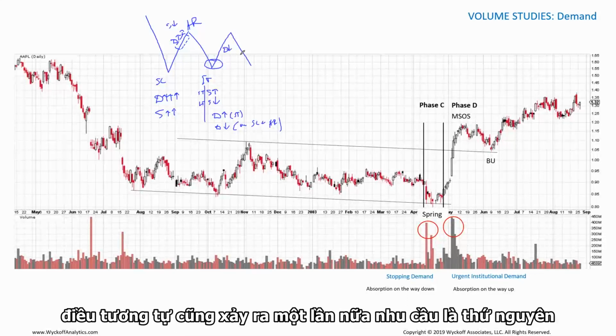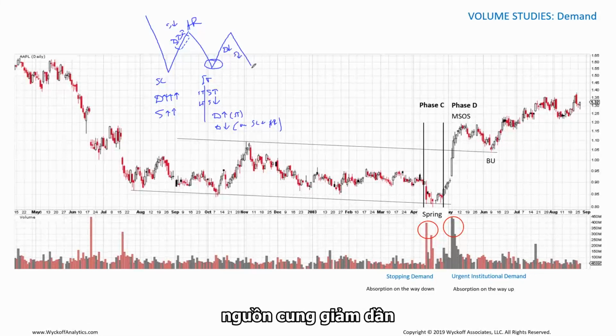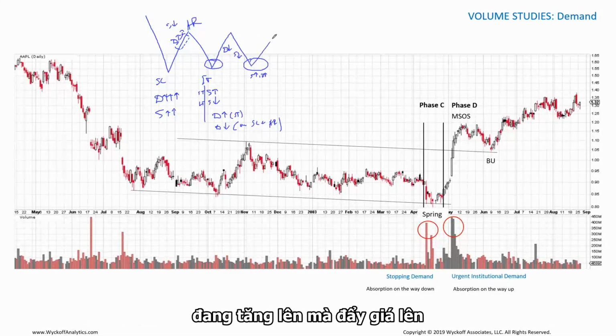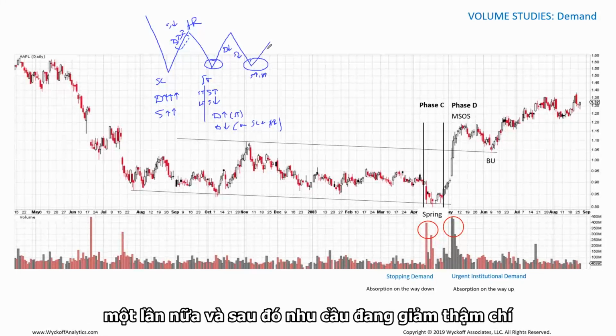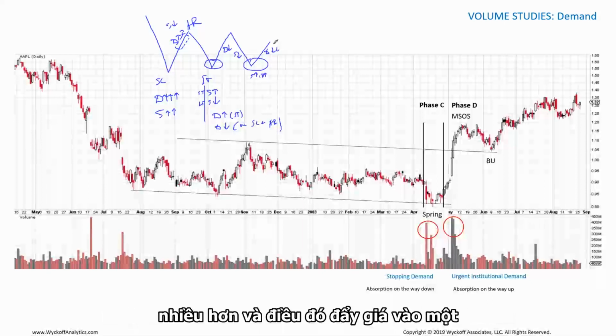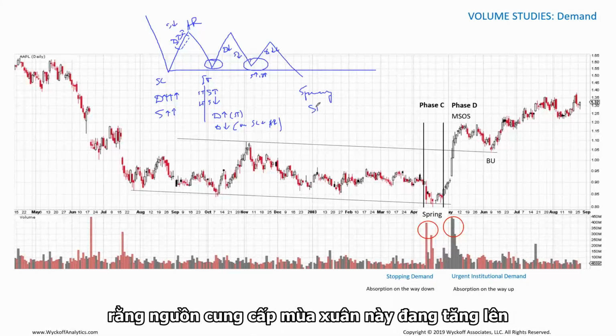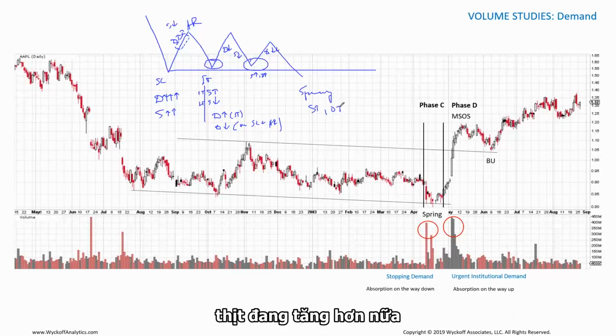Demand is diminishing, supply is diminishing, locally supply is increasing, demand is increasing, that pushes the price up again, and then demand is decreasing even more, and that pushes the price into a sprint. At this sprint, supply is increasing, demand is increasing even more, that's absorption on the way down.